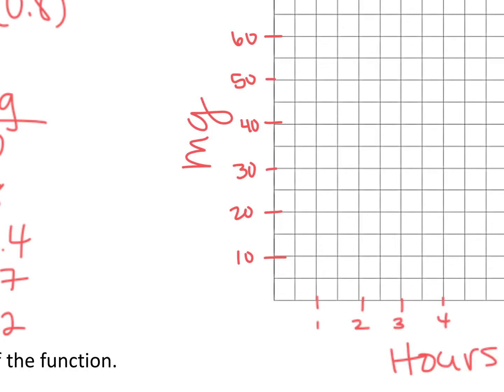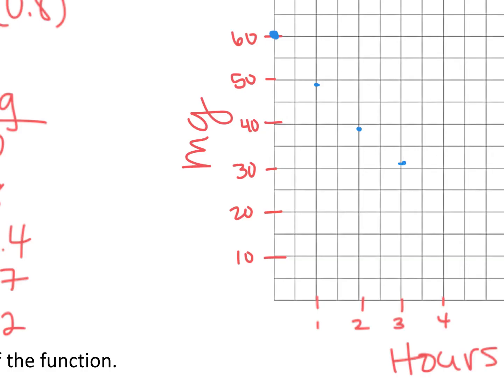That seems nice. So at time 0, we've got 60 milligrams. At 1 hour, we've got 48. Then at 2 hours, we've got 38.4, so that's over here. And at 3 hours, 30.7, just above right here.